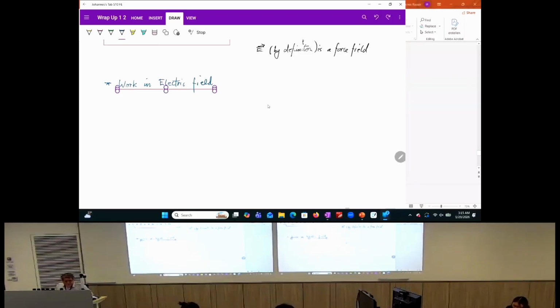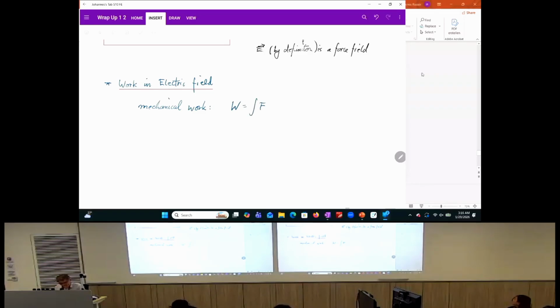In general, how is mechanical work defined? The work is W, and it is obtained by taking the integral over the force field over a given path. Sorry, this is in R here.